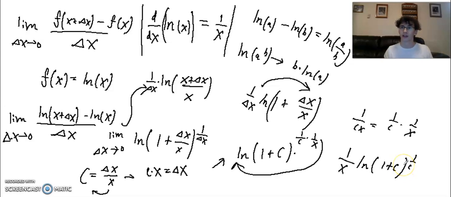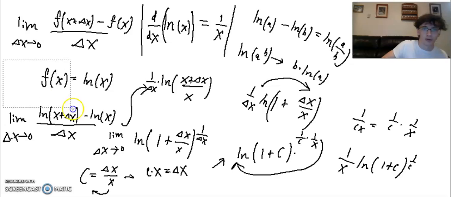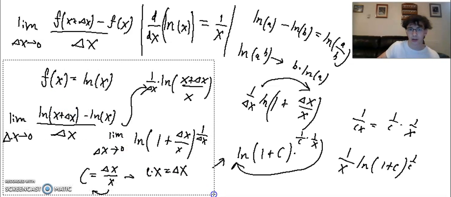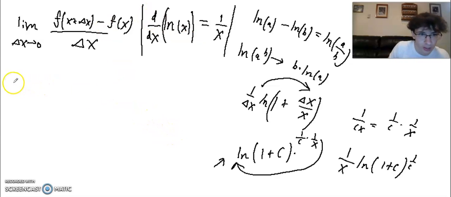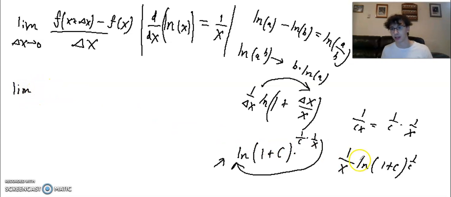Alright, we're getting close. Let's make some room over here. One thing is, let's ignore this 1 over x part and just look at this.